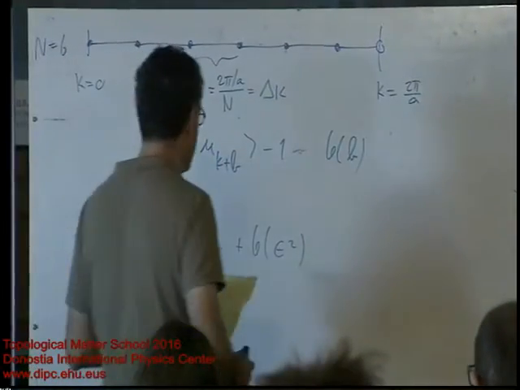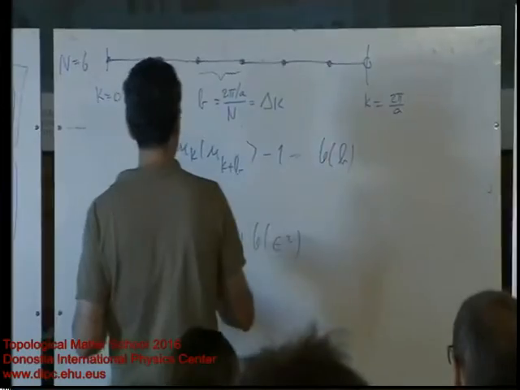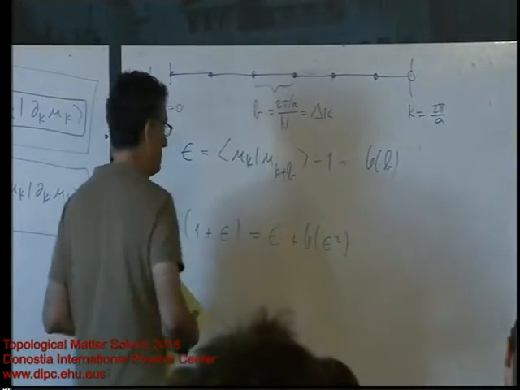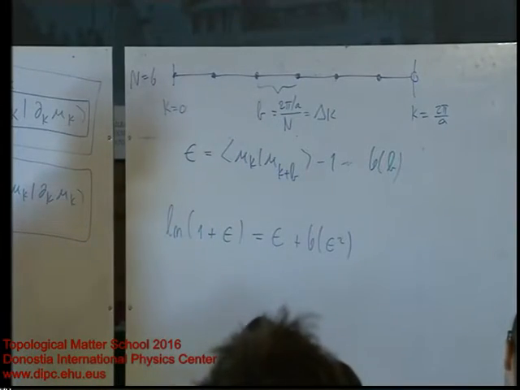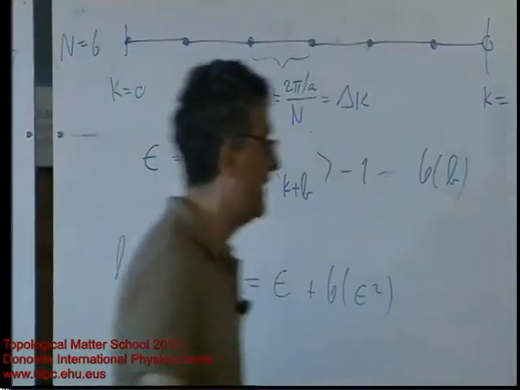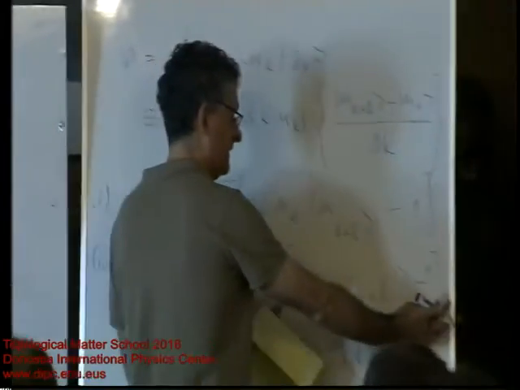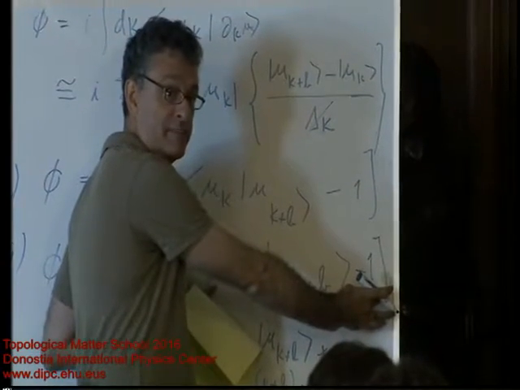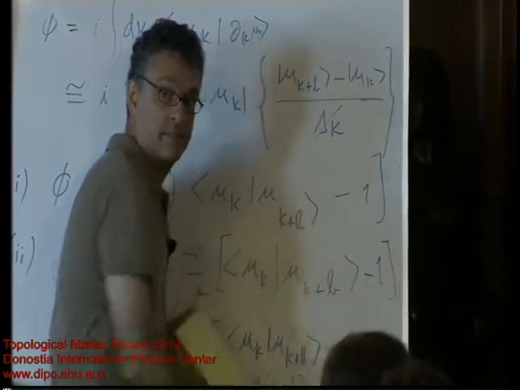So what I want to do is to choose this to be my epsilon, my small parameter. What I have here is precisely the quantity that I'm now calling epsilon.